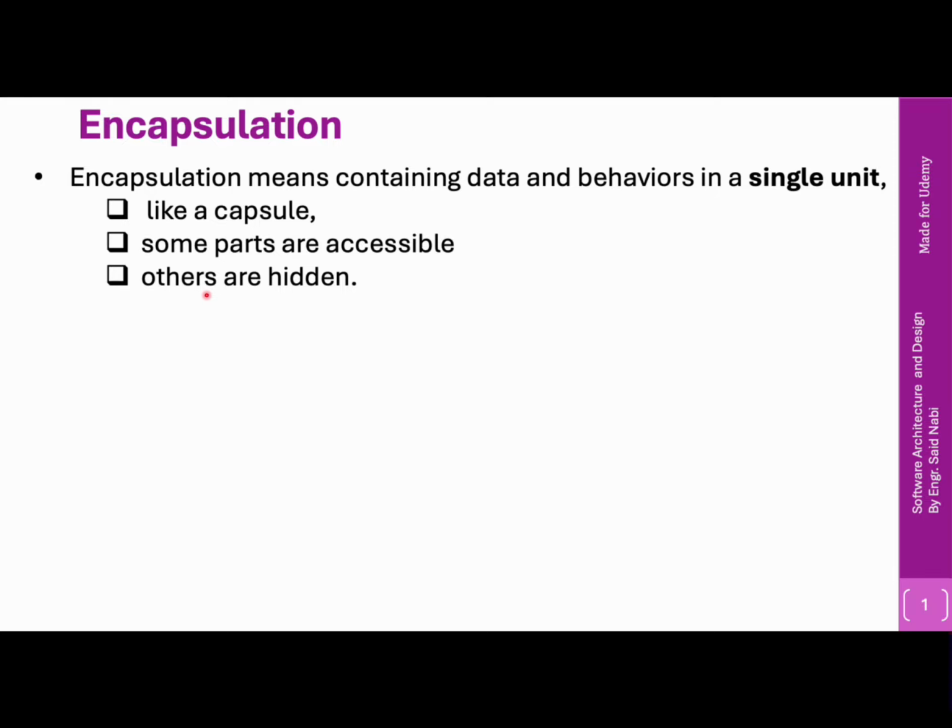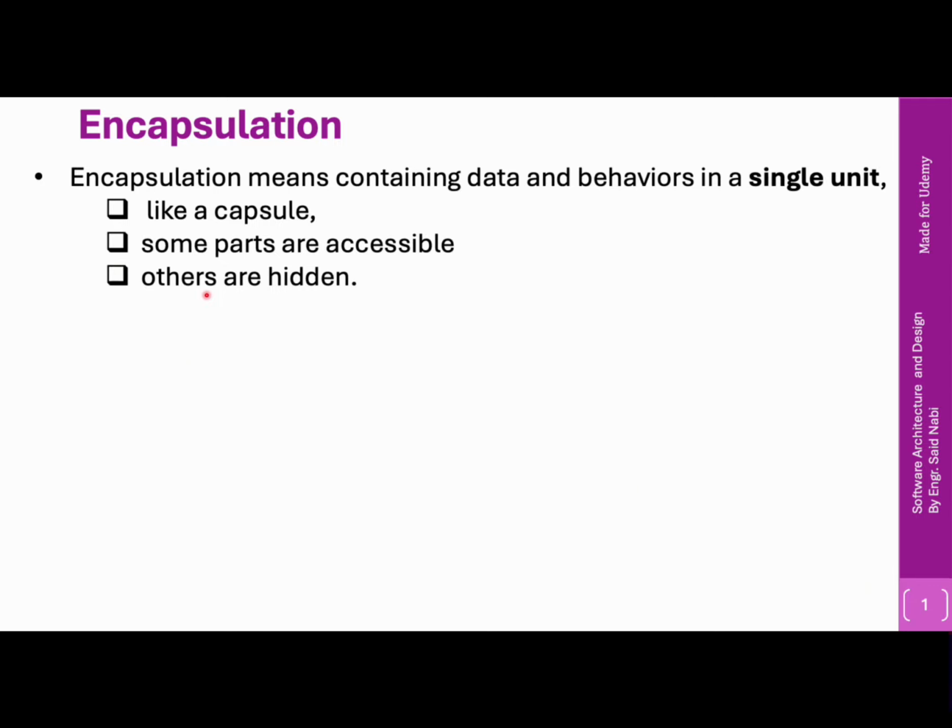For example, if you are developing a library management system, and there you identified an object for student, the student would have data like name, registration number, date of birth, and date of joining. These are what we call data, the attributes of the object, and the behaviors would be like issuing a book, returning a book, and some other behaviors can be added as well.